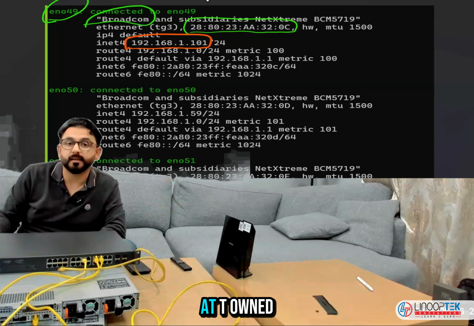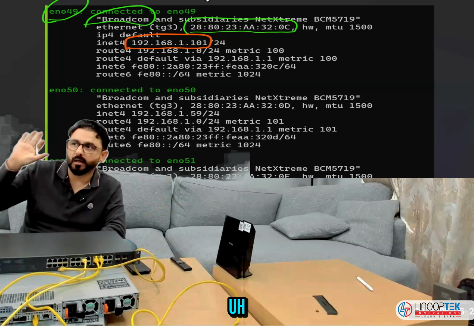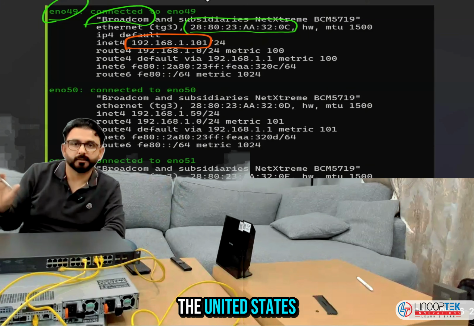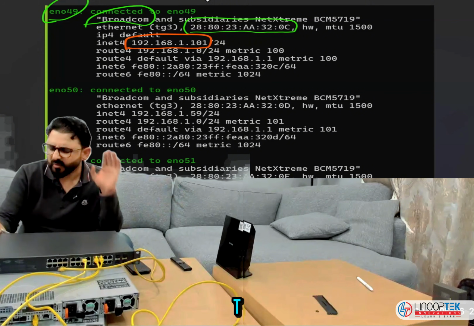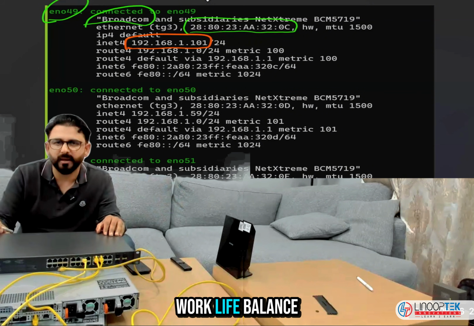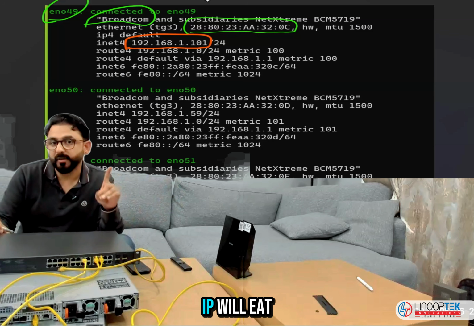At some point, AT&T was the biggest real estate asset owning company in the United States. I don't know as of today. I enjoyed working for AT&T. It was excellent work-life balance over there. And so he wrote the book, IP Will Eat Everything.